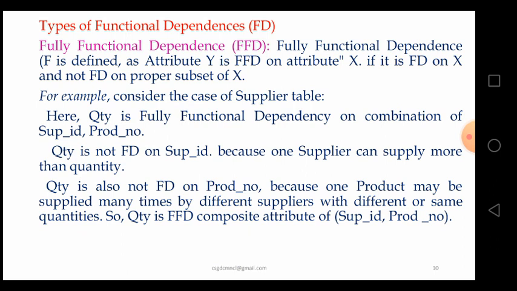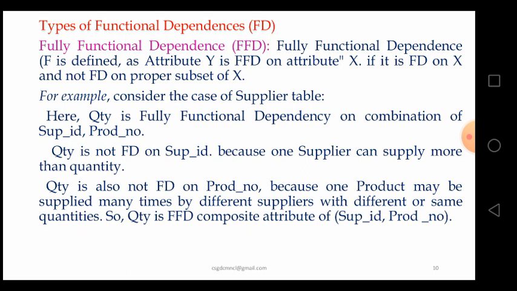Quantity is not functionally dependent on supplier ID because one supplier can supply more than one quantity. Quantity is also not functionally dependent on product number because one product may be supplied many times by different suppliers with different or same quantities.